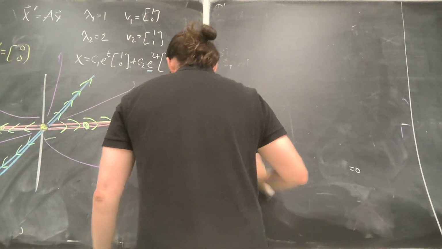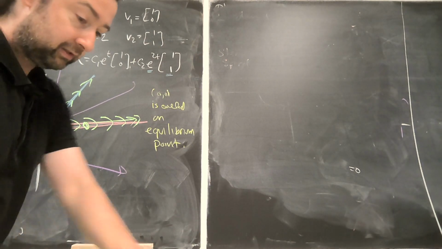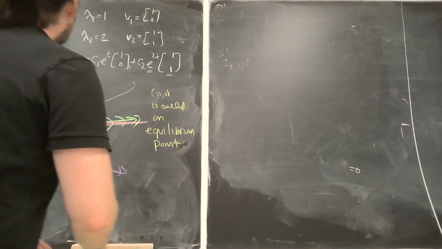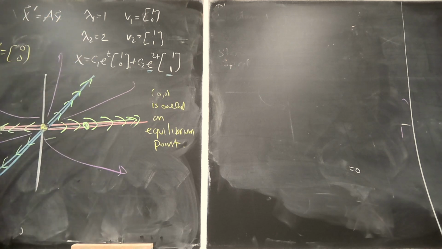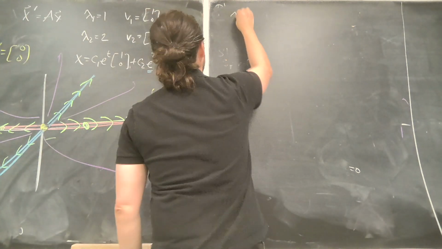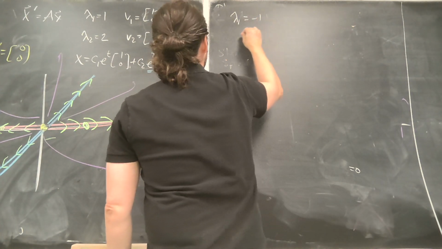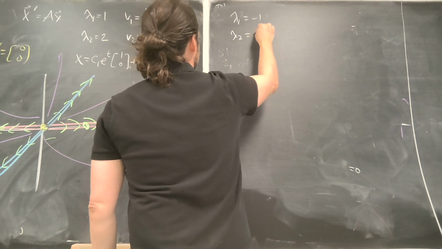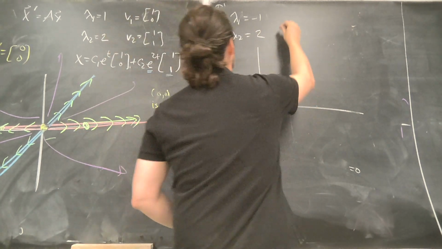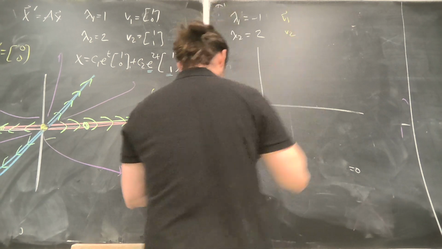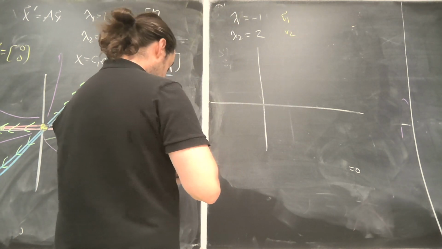So, what else can happen in the linear case? That's not so hard to see. If I have eigenvalues that were both positive, the place where those lines cross, this 0, is going to throw things away. Other possibilities. What if lambda 1 was negative and lambda 2 is positive? And I'll use the same vectors here, just v1 and v2. So here's v1.